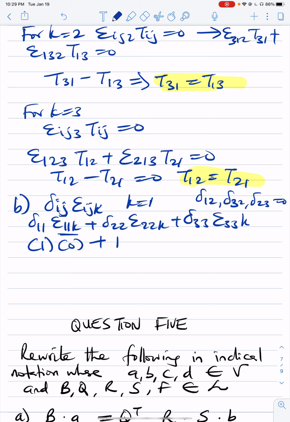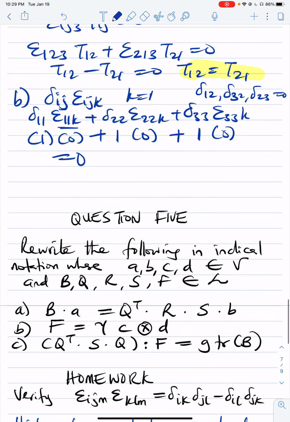And δ_{3,3} will give 1, and this will give 0. I hope this makes sense. You can always pause the video and take a closer look at what I've done.